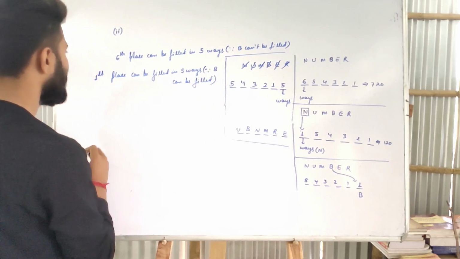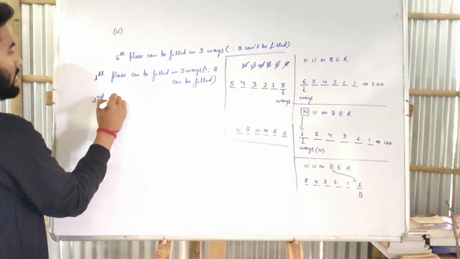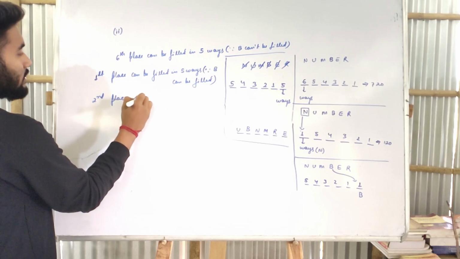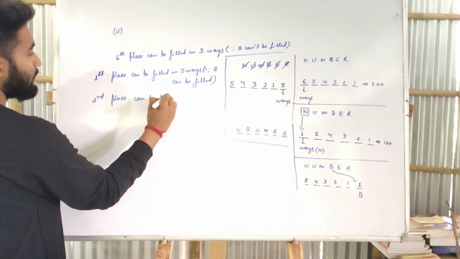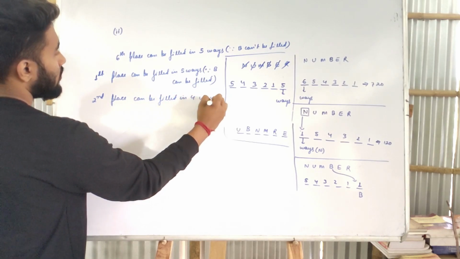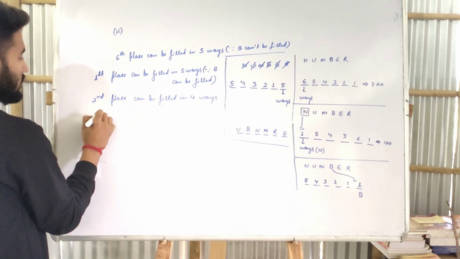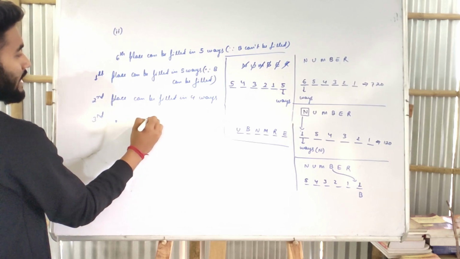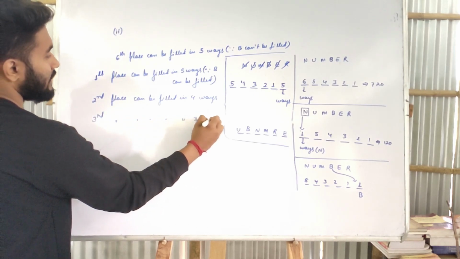Done. Second place can be filled in 4 ways. Third place can be filled in 3 ways.